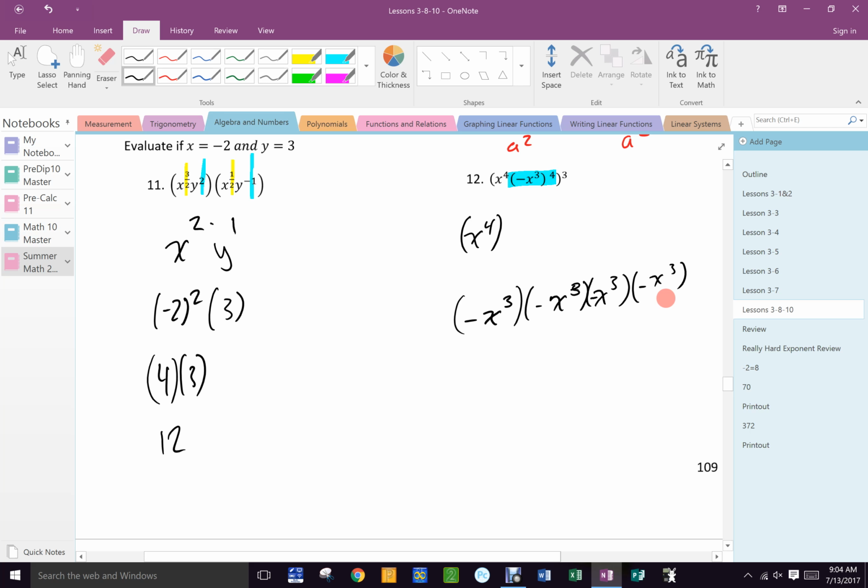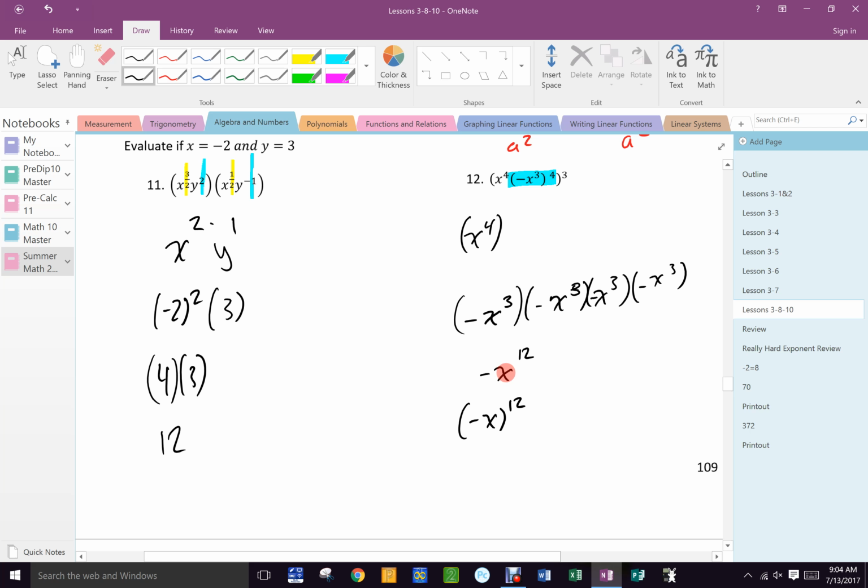Right? Now what's the base? Negative x to the 12th, right? Okay. Now, listen to me. Is negative x to the 12th the same as negative x to the 12th? No, it's not, is it?